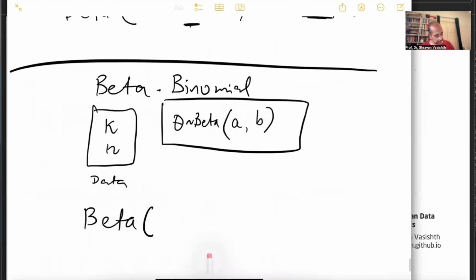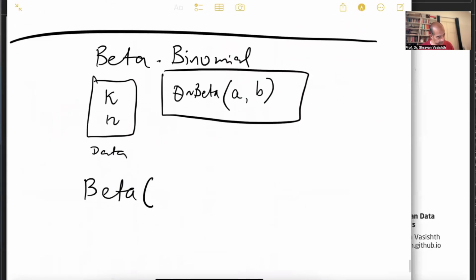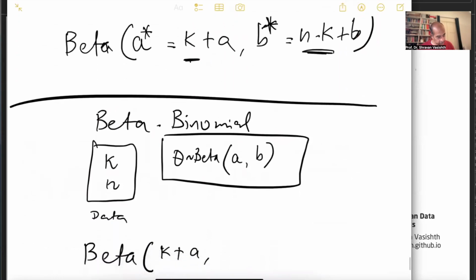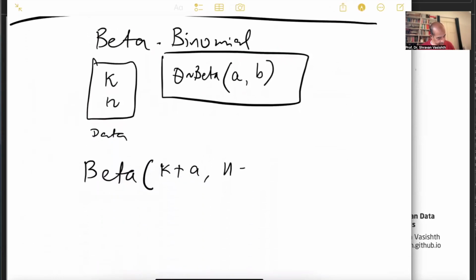with parameters k plus a, and for the b parameter, it's going to be n minus k plus b. So as soon as I know k and n, I just plug in these numbers, and we know what a and b are because we decided on those ourselves, and we can derive the posterior.